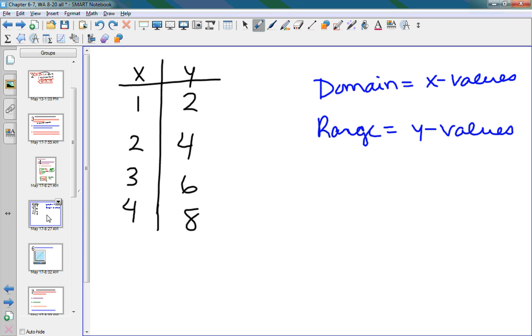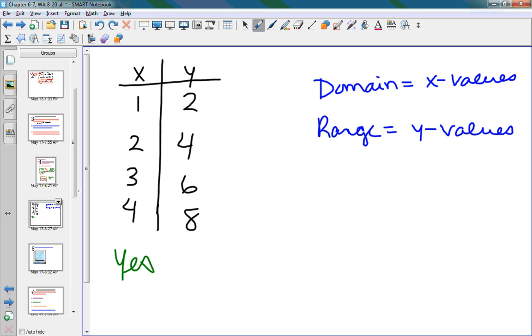Now, this is just like problems 1 through 4 of tonight's worksheet. I give you ordered pairs. 1 goes to 2, 2 goes to 4, 3 goes to 6, 4 goes to 8. Is this a function? Did my x's repeat? No, my x's didn't repeat, so is it a function? Yes, this is a function.